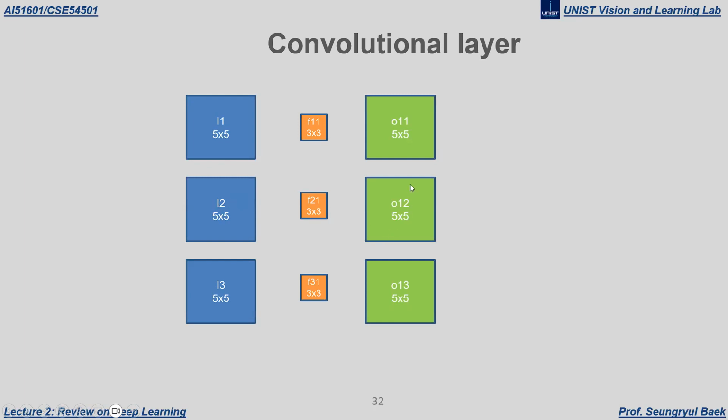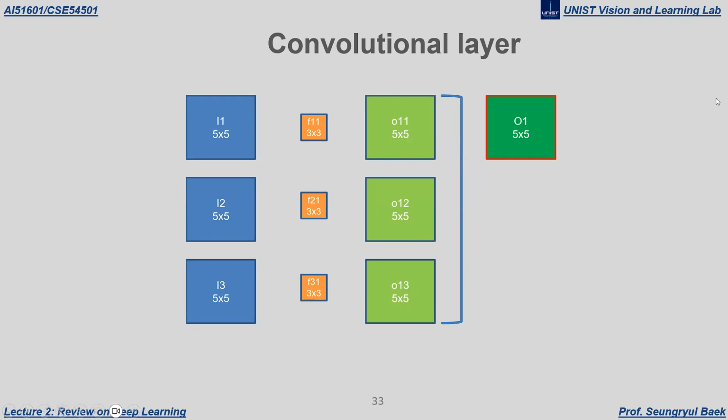And this O12 is obtained by applying the filter kernel F21 to the input image I2, okay? And this O13 is obtained by applying this filter kernel F31 to the input image I3, okay?